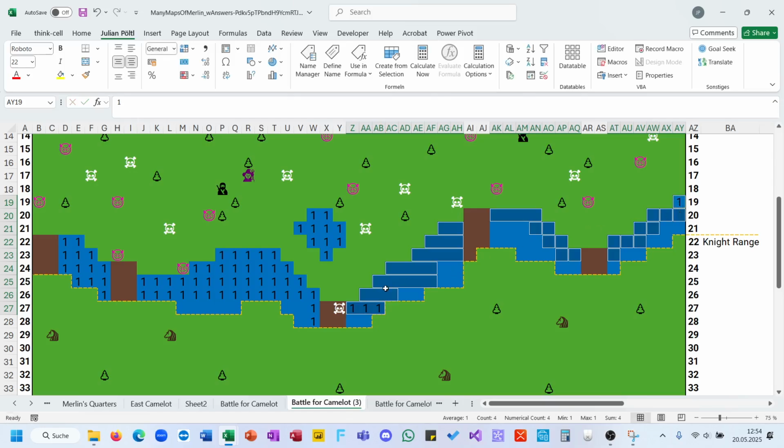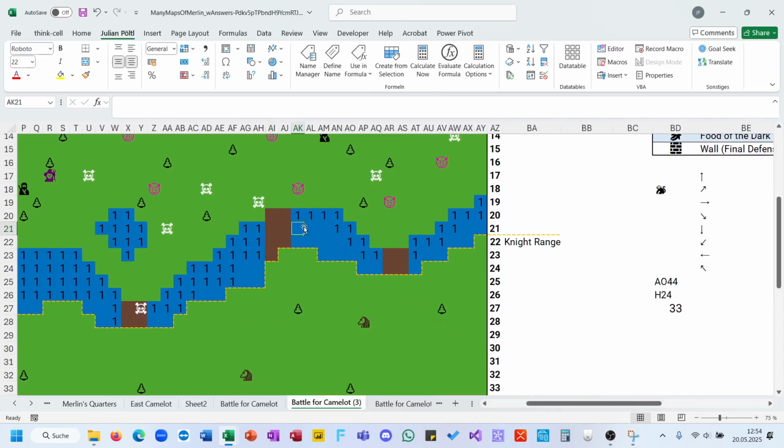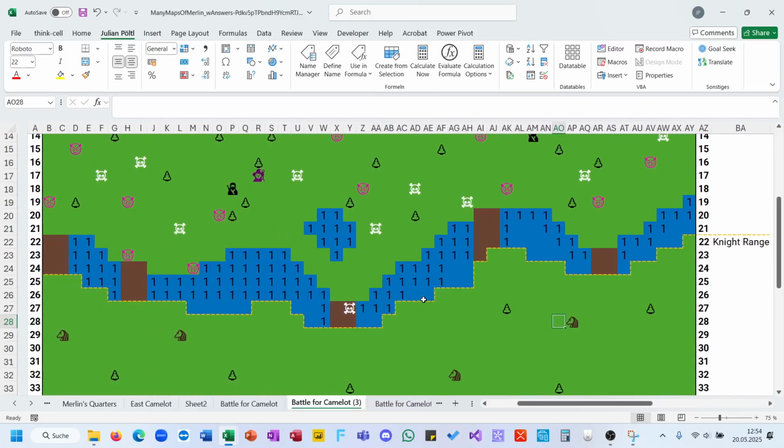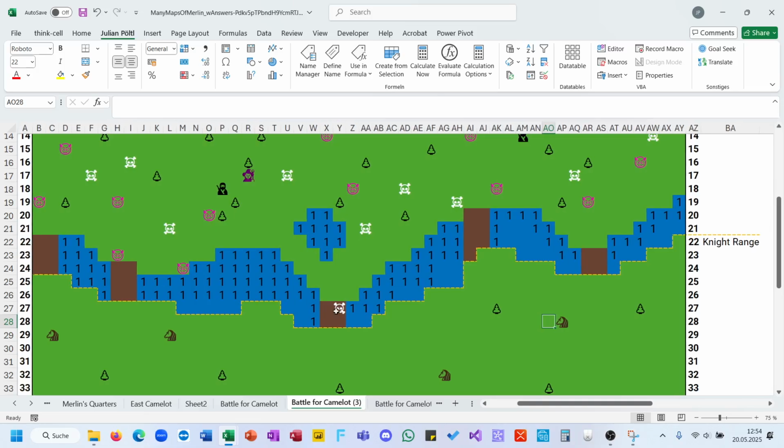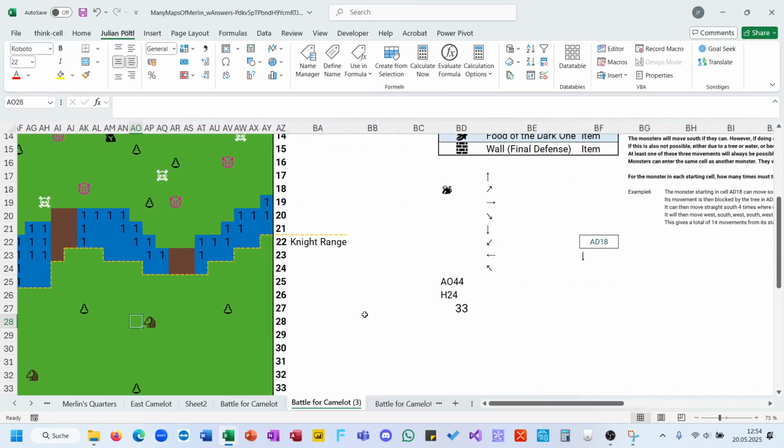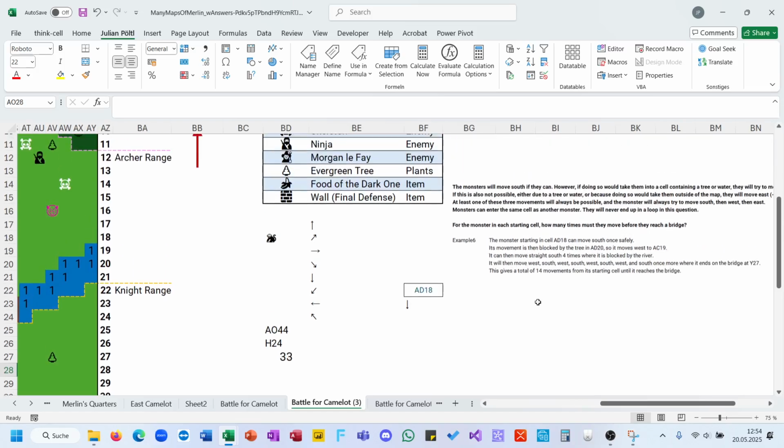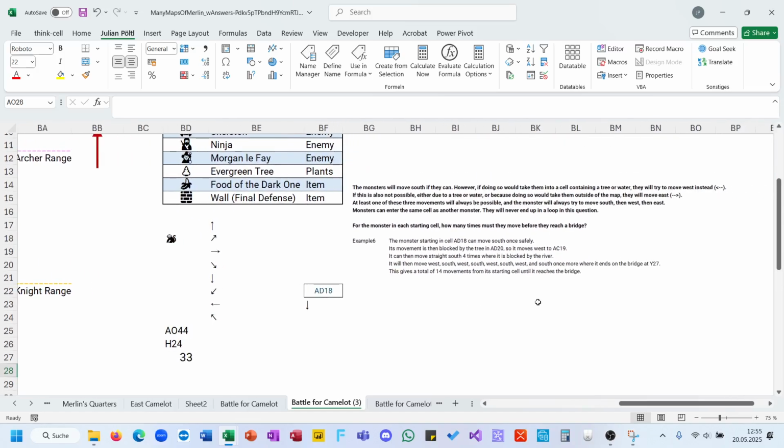What is the shortcut? Control 1. Okay. Let's be safe. Okay, bridge is, I don't know. I will do this sharply. Tree or water moving east. Tree or water first west, then east.